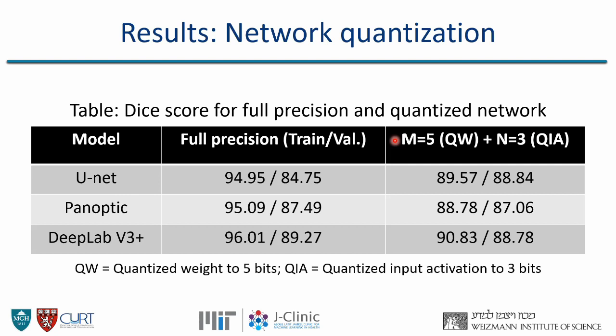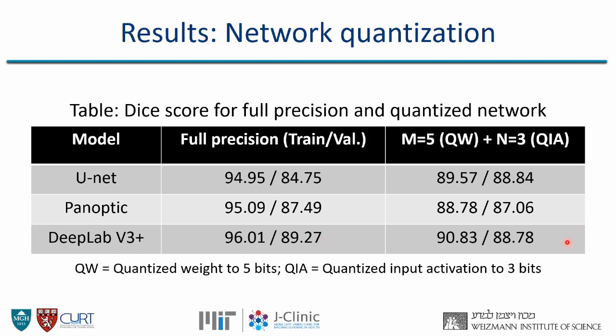DeepLab v3 Plus shows the best result in both training and validation for the full precision and the quantized network. A negligible drop in validation dice score was observed in DeepLab v3 Plus, going from 89.27 to 88.78.